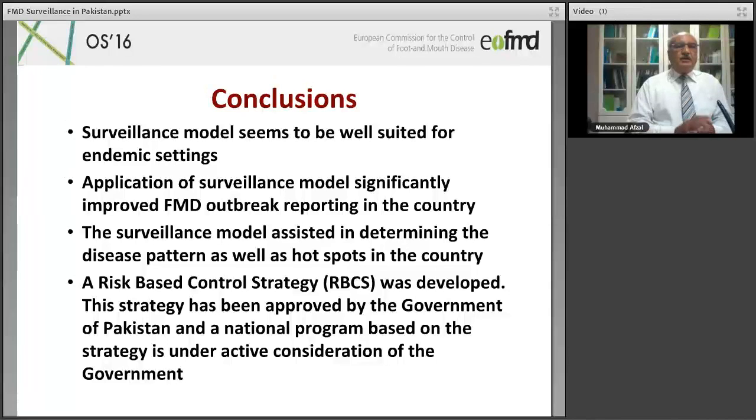The surveillance model also assisted in determining the disease pattern in the country, as well as what the hotspots are in Pakistan. Based upon the data that has been generated, a risk-based control strategy was developed, and this strategy has already been approved by the government of Pakistan, and we are confident that very soon a national program based upon this strategy will be in place in the country.